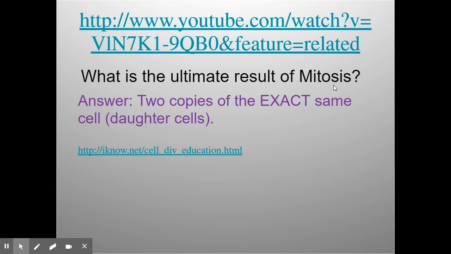The ultimate result of mitosis is 2 copies of the exact same cell, or daughter cells. Ding dong, hopefully you said that looks familiar. The reason it looks familiar is because this was the result, or the whole goal of the other type of replication we looked at, which was binary fission, creating 2 cells that were copies of each other.